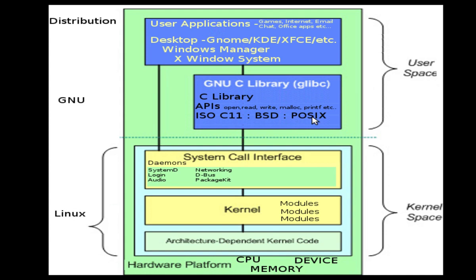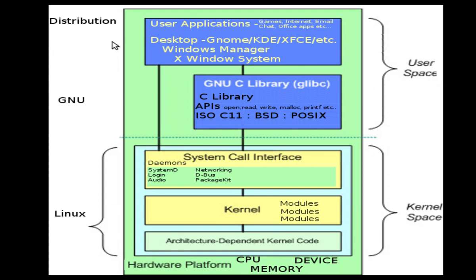Okay, so how does this change? Well, what we're thinking of as a distribution is this stuff here at the top. The GNU libraries are pretty much unchanged, and your Linux kernel is pretty much unchanged from one distribution to the next.